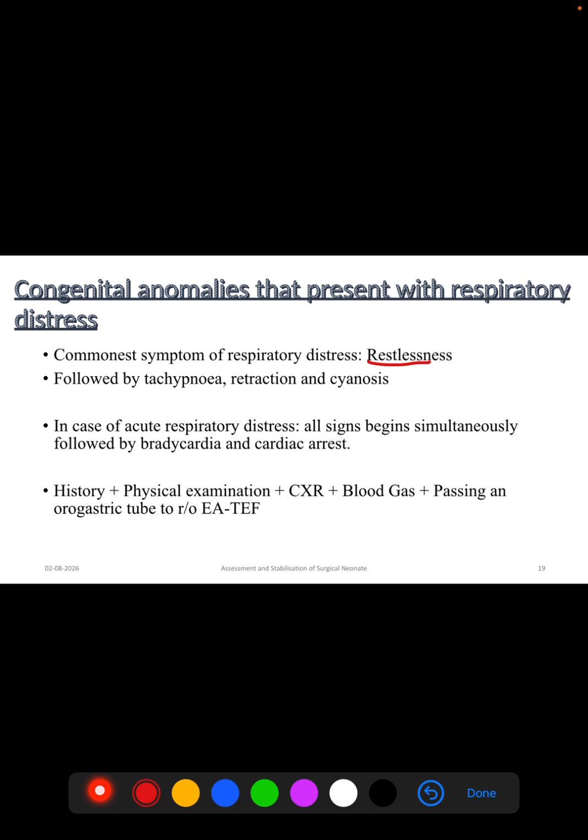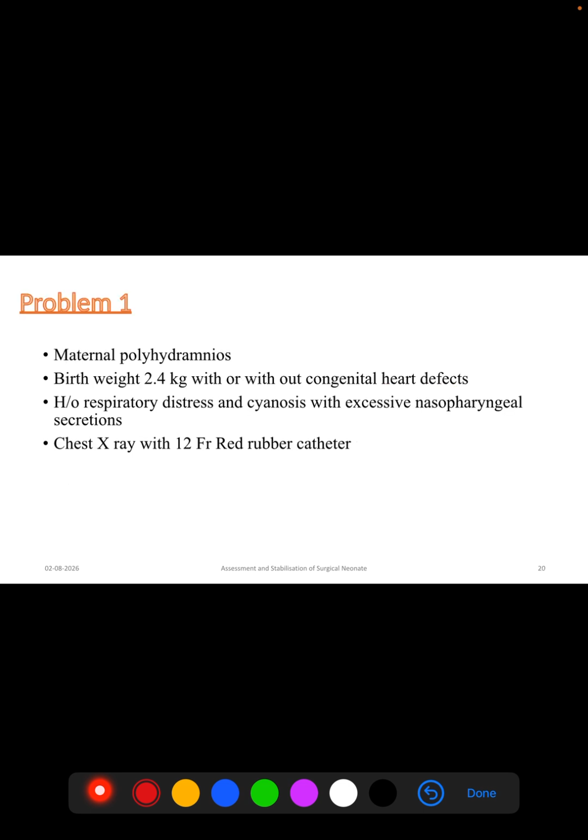When these occur in an acute case, everything will occur so rapidly that sometimes we will not have time, and it will be followed by bradycardia and cardiac arrest. So history and physical examination are a must, followed by chest x-ray, blood gas as per need, and passing an orogastric tube to rule out EATF.